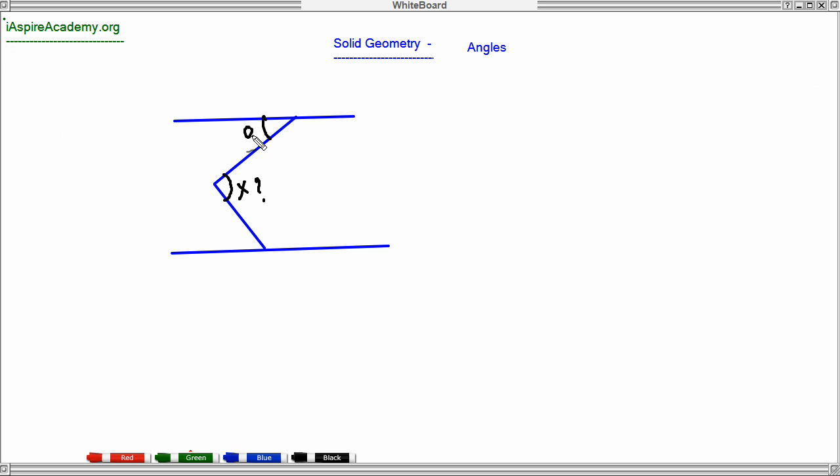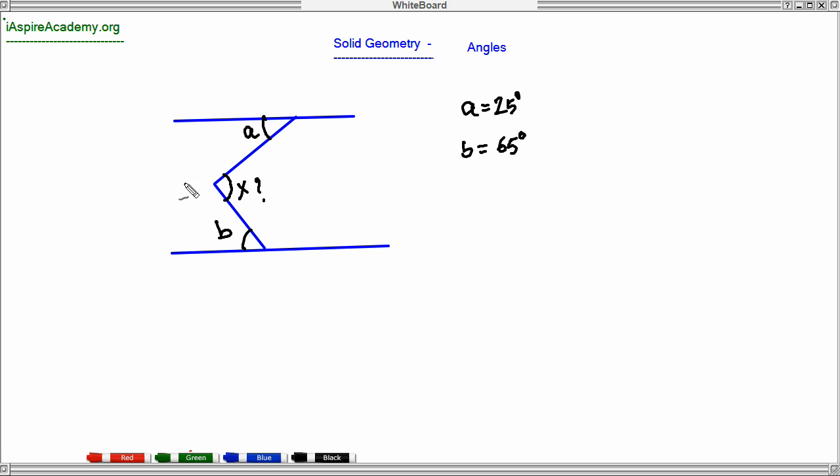What we are given is A and B. So let's say A equal to 25 degrees and B equal to 65 degrees. What we have to find out is X.